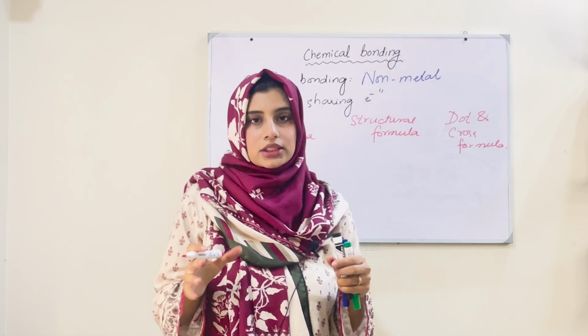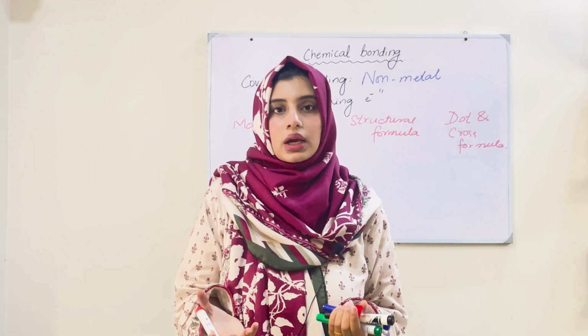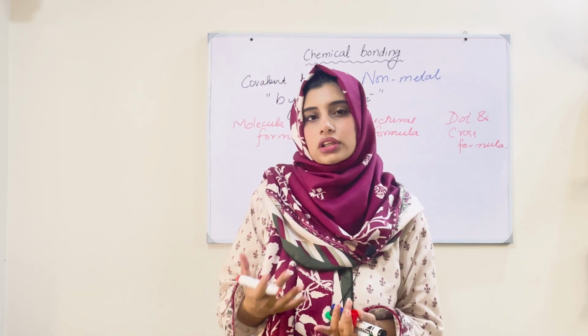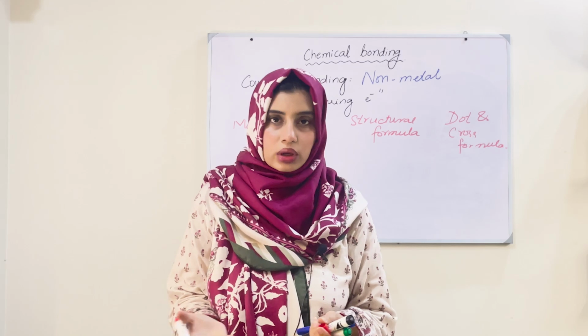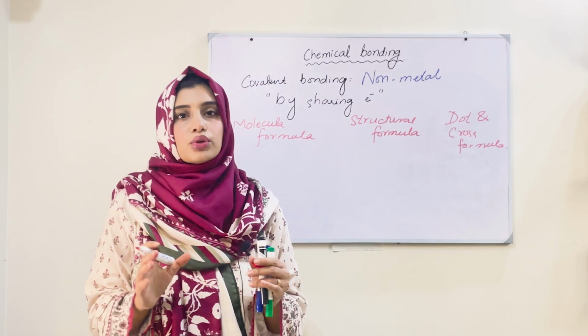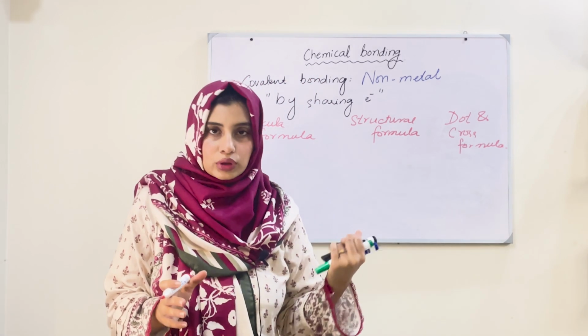Now they must ask you, or they must describe in the question, whether they want the dot and cross formula of the outermost shells or the dot and cross formula of the whole compound. Usually they ask about the dot and cross formula of outermost shells.